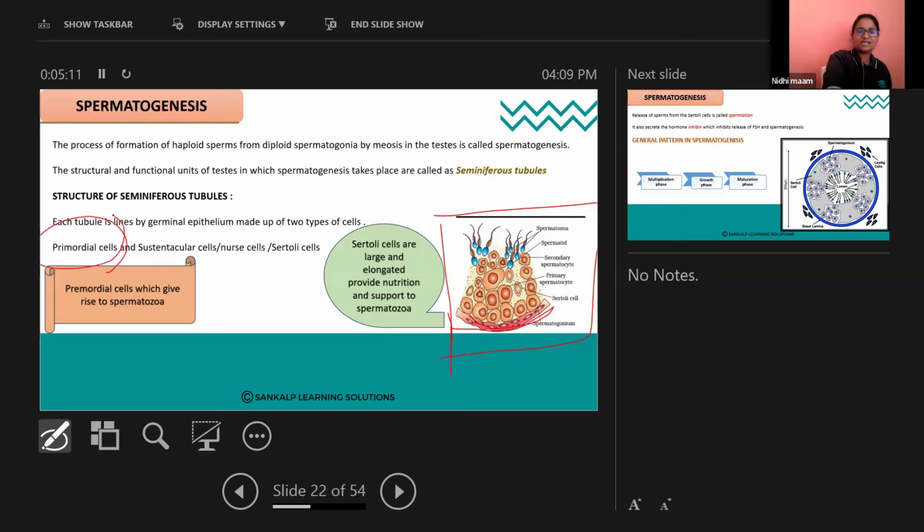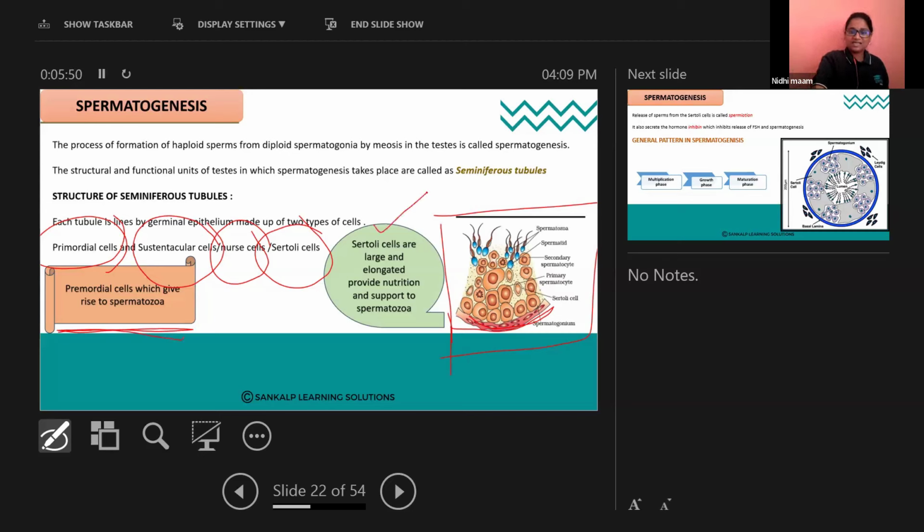We also call the spermatogonia primordial cells. And the other is Sertoli cells, or nurse cells, or sustentacular cells. Where are they? In the seminiferous tubules. The primordial cells, the spermatogonia, will give rise to spermatozoa or sperm.